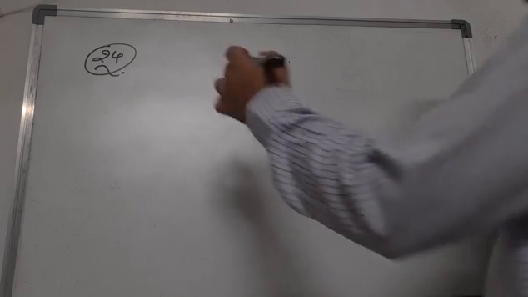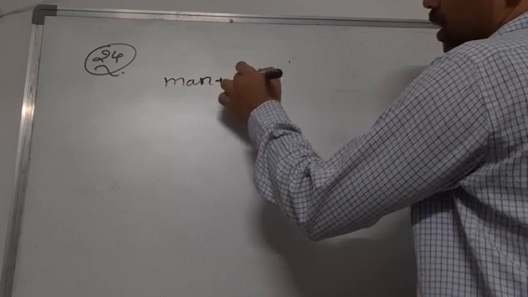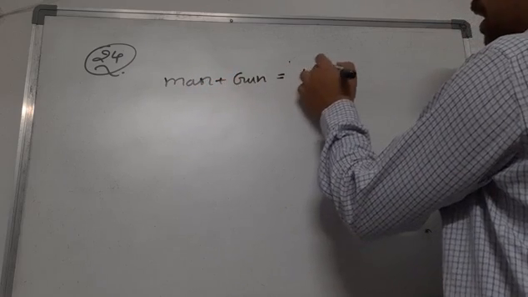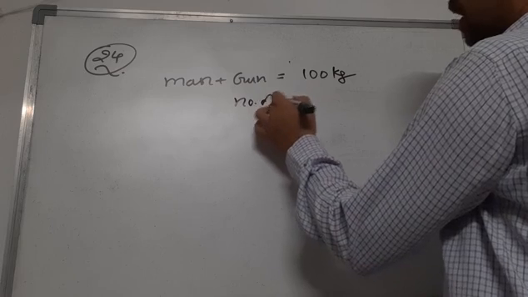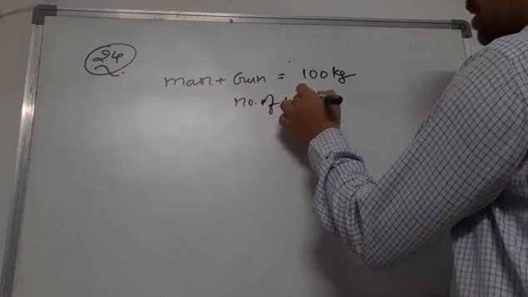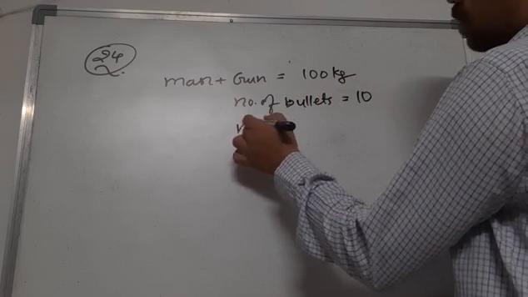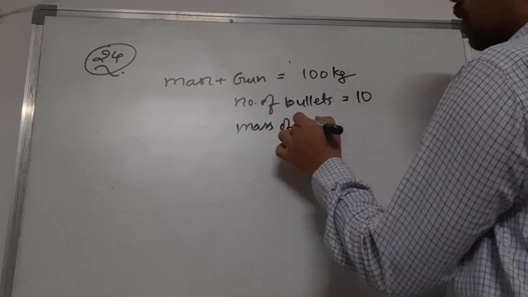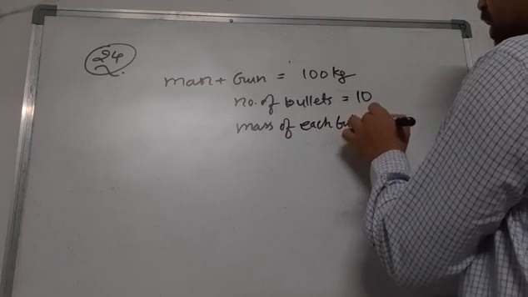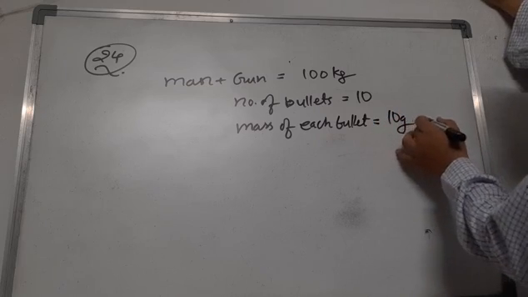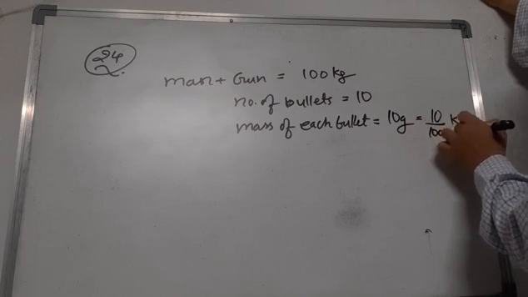He has given that the mass of a man plus gun both together is 100 kg. The number of bullets fired is 10. The mass of each bullet is 10 grams, so convert into kg: 10 by 1000 kg.